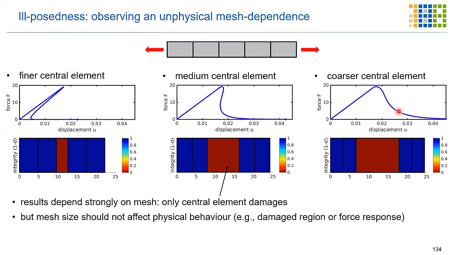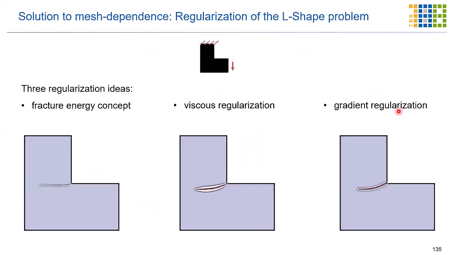And that's because we used a local model. And that means that our damage model just damaged the central element. And that element size dictated the area of the damage and the structural response.